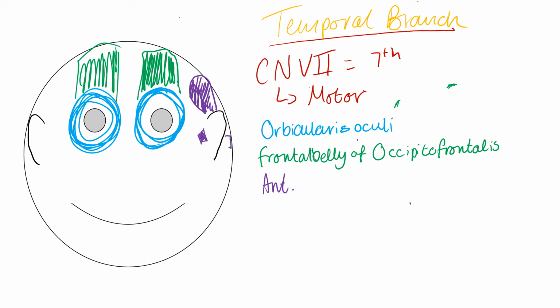Then we have the posterior one, anterior, superior, and posterior. And then last but not least, we have corrugator supercilii, which I will now draw in orange, which is located as a deep structure here and here.